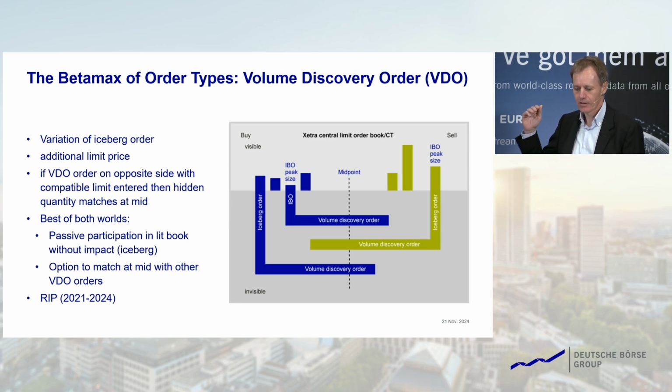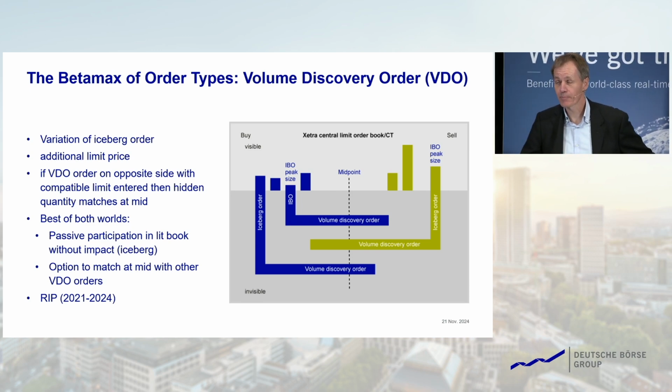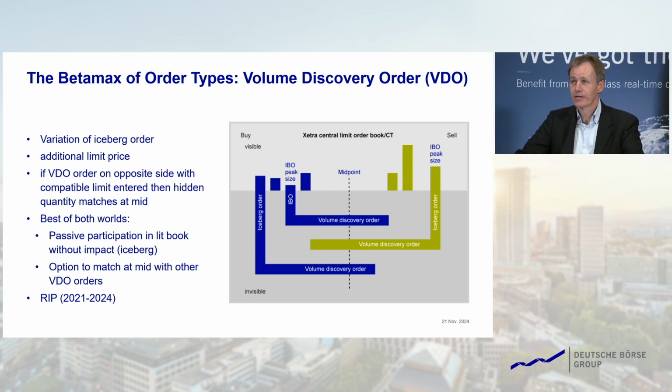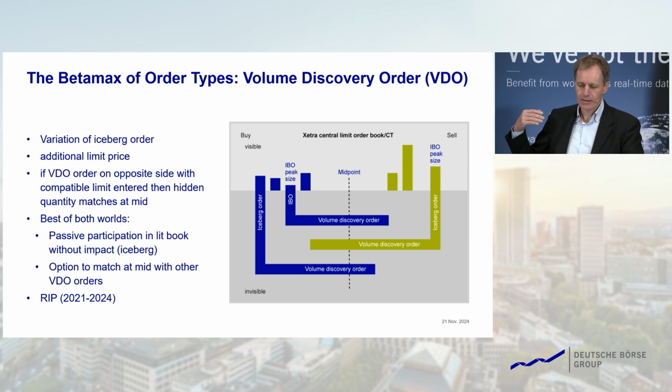You would place an iceberg order in the Xetra book, and you could set a second limit price. And then if another volume discovery order existed on the opposite side of the book, which also had a second limit price, and your two limit prices were matchable with each other, then the entire hidden quantity of these two volume discovery orders would match at the current mid price.